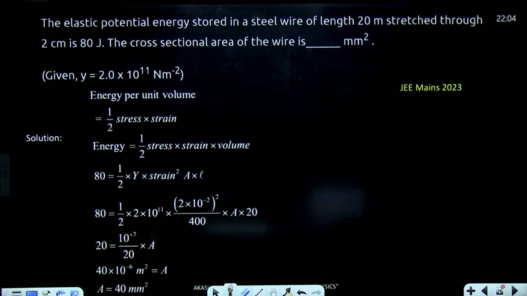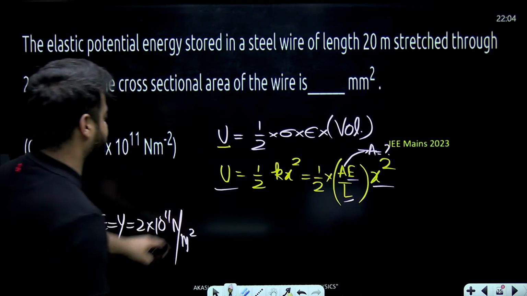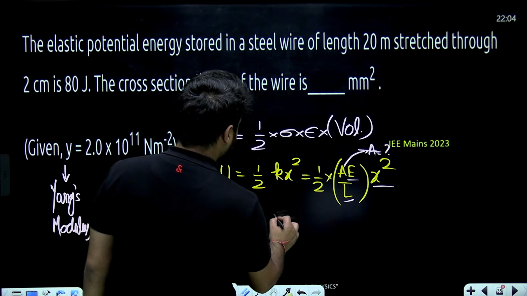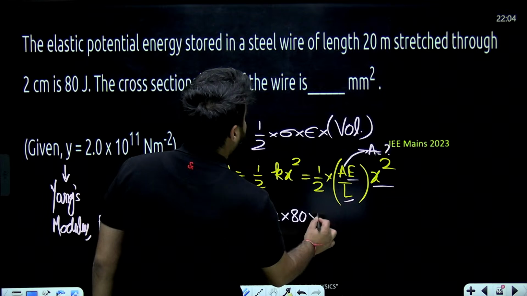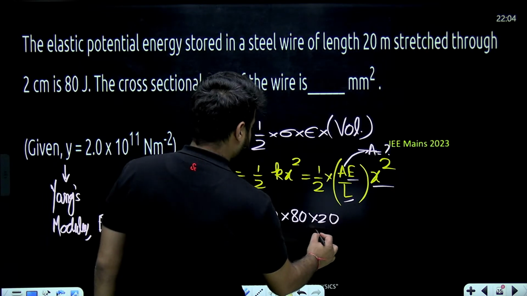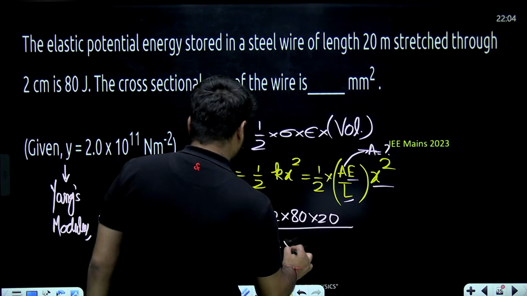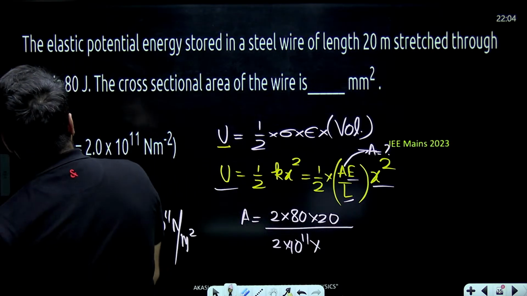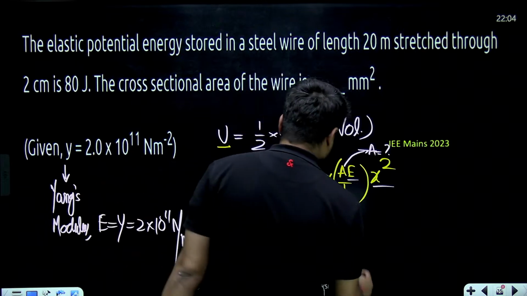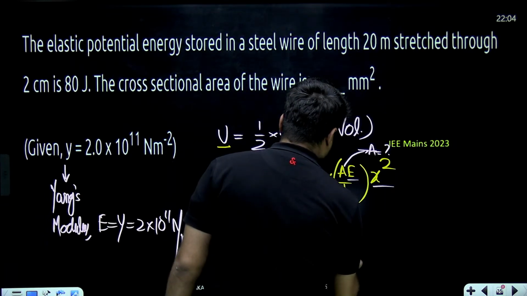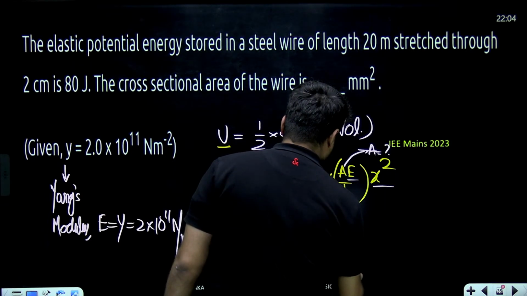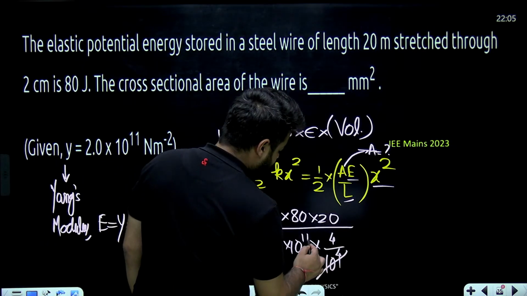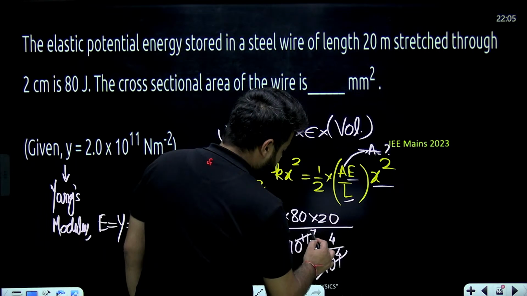Okay. So just use, see, every parameter is given, SI unit I am going to put. So A is 2U, so 280, L is 20 meter by E is 2 into 10 power 11, and there is x square. X is how much? 2 centimeter. So 2 divided by 100, 2 square means 4 divided by 10 power 4. If you see 10 power 4 with this 10 power 11, it will become 10 power 7.